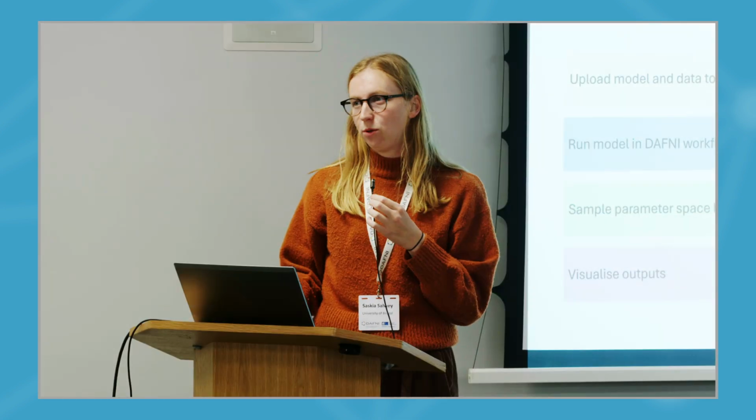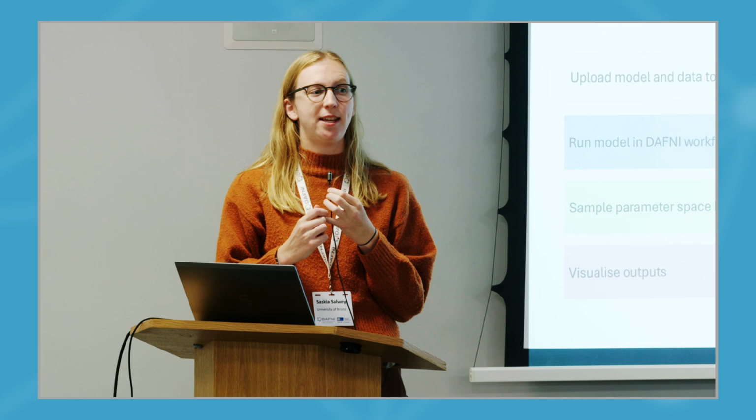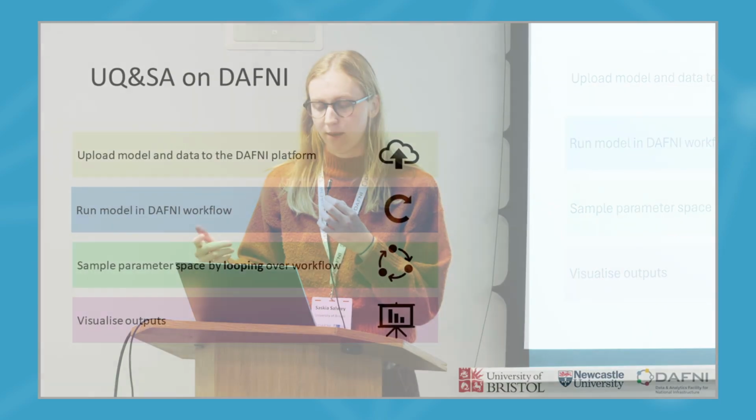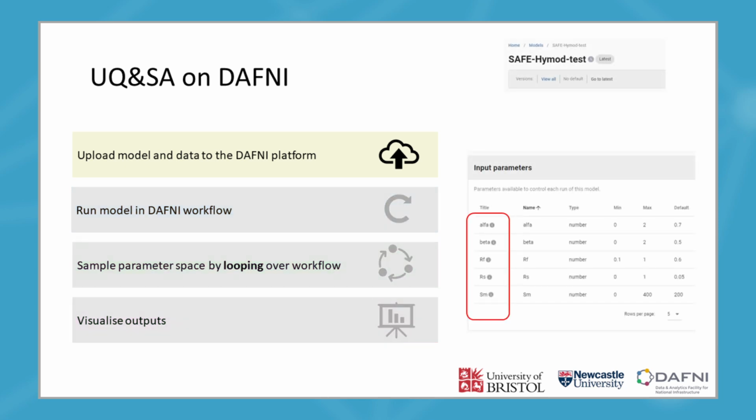So I thought I'd just quickly talk through the steps within which we actually run a sensitivity analysis on DAFNI. I guess it's a slightly different methodology to how you do it locally, just to work with the platform. So the first step is to upload the model and the data to DAFNI. We've done this, as I say, for a hydrological model, and all of the parameters that we consider to contain uncertainty are in DAFNI as input parameters, so you can see them on the screen here.